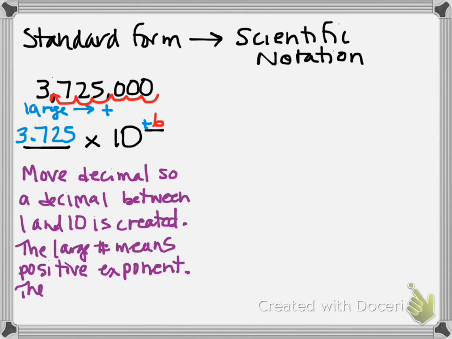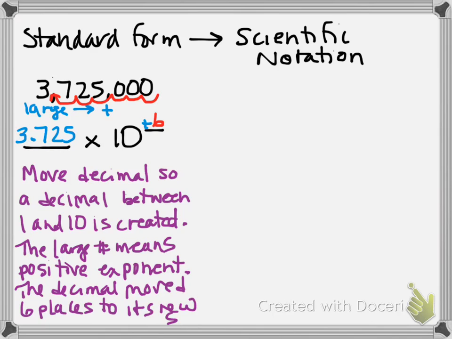And the decimal moved 6 places to its new spot. Okay, so we move the decimal. So a decimal between 1 and 10 is created, so that's where the 3.725 comes from. The large number means we're going to get a positive exponent, and the decimal moved 6 places to its new spot, so that makes up our exponent value.